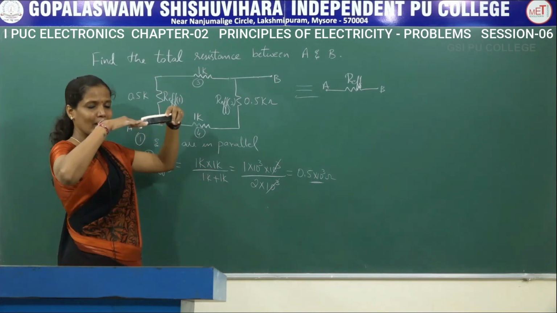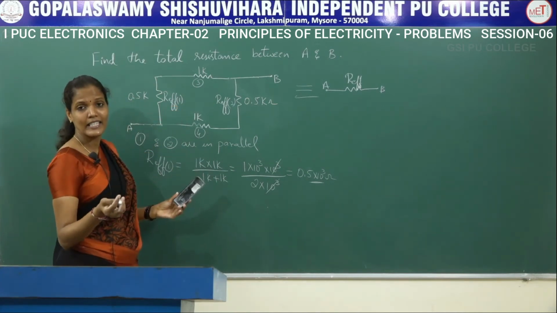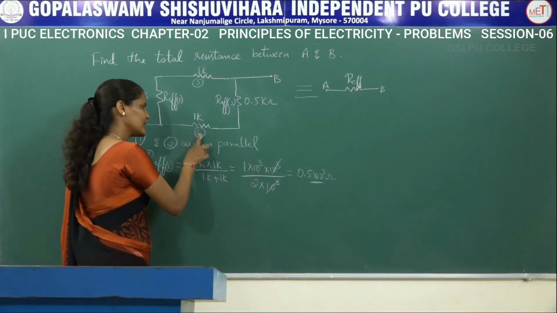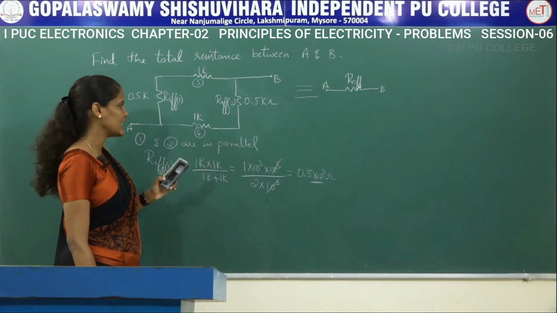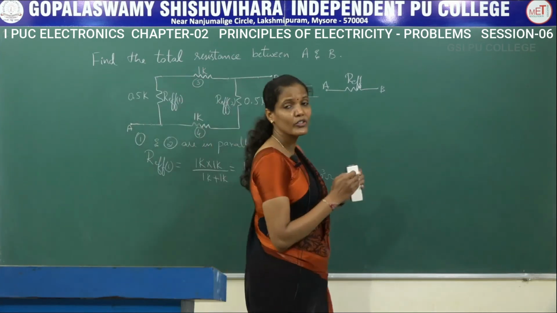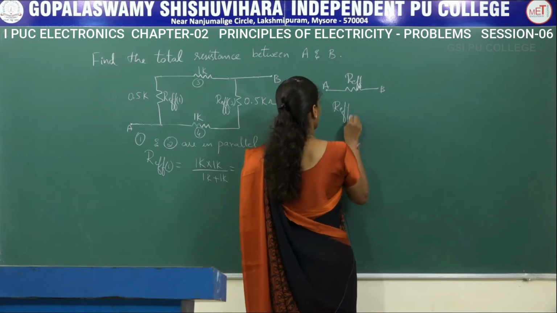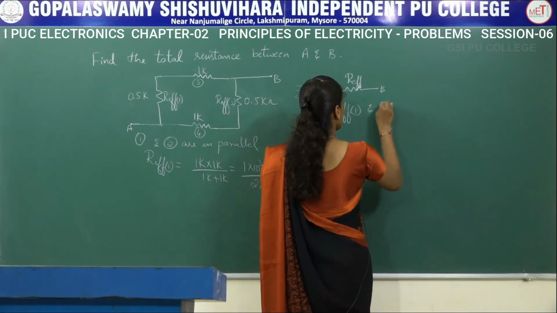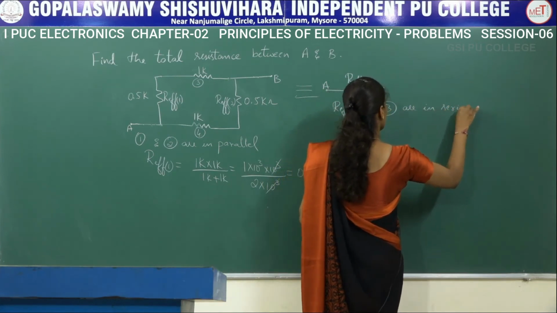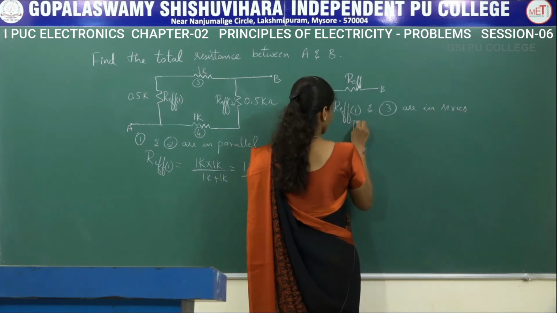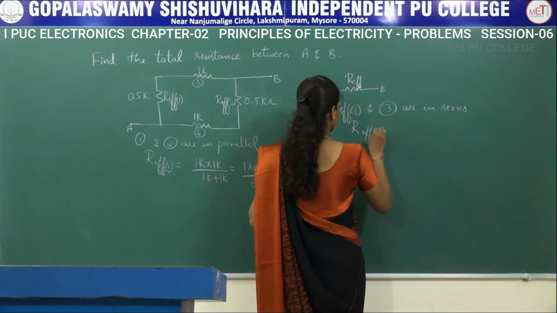If I make it straight, then the two resistors are connected in series, we can say. In the same way, this fourth resistor and R effective 2 resistors are connected in series. So what we are going to do? We are just going to add those values. So R effective 1 and 3 are in series. Let me name that as R effective 3.